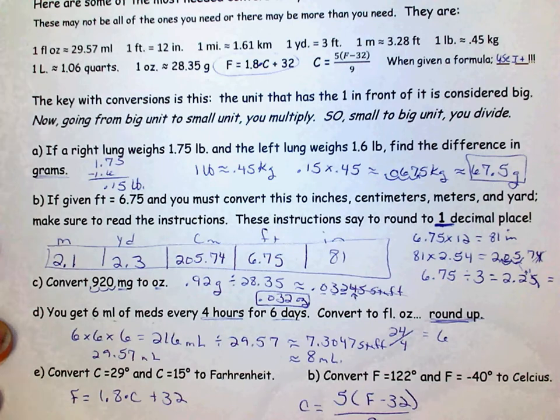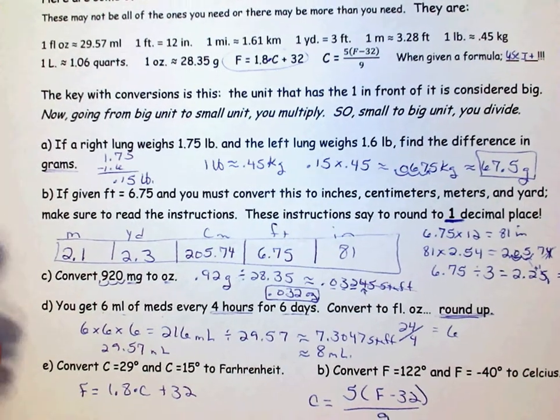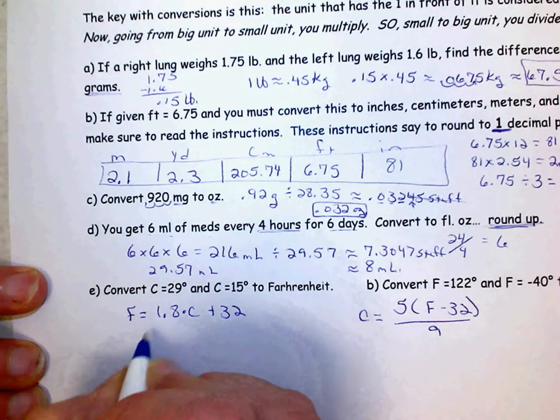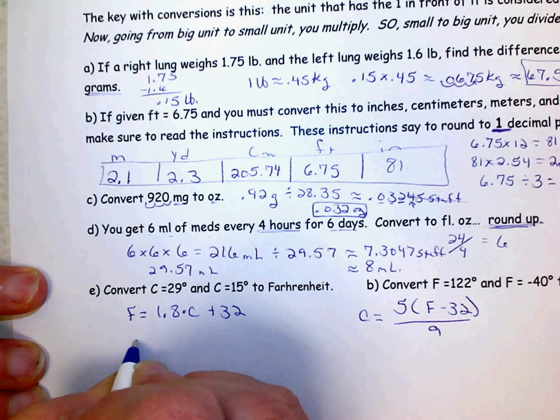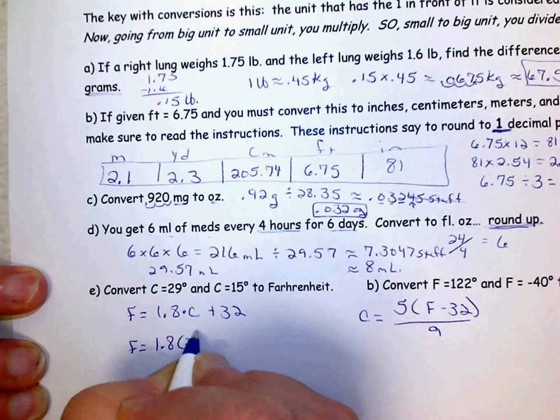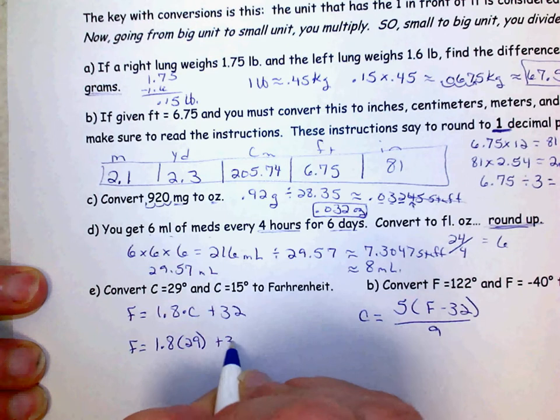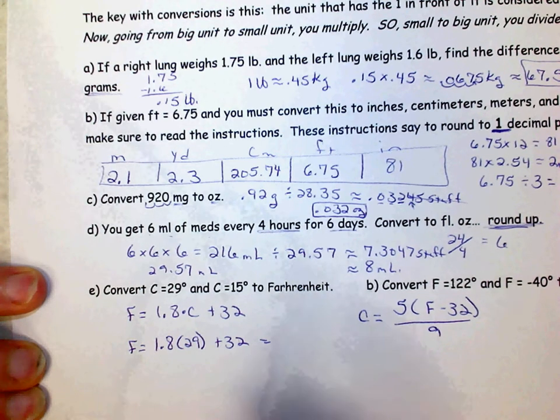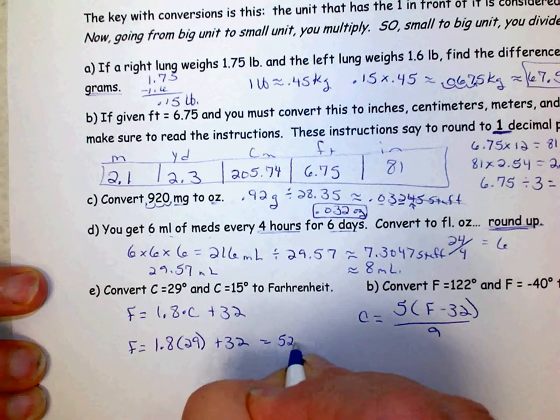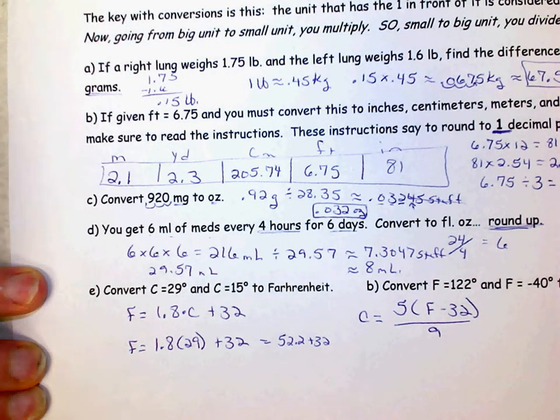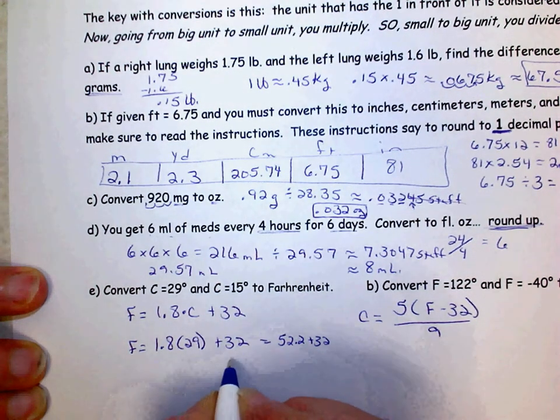So, let's go back to here. On the first one, we take Fahrenheit equals 1.8 times 29, and then we add 32 to that. So 1.8 times 29 is 52.2 plus 32 to that. We get 84.2 degrees.